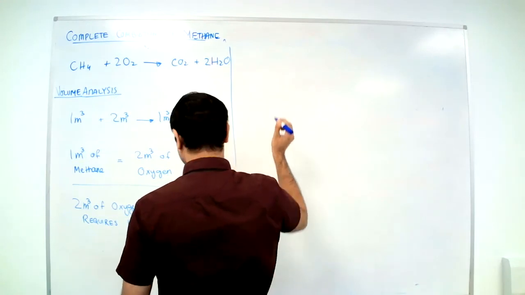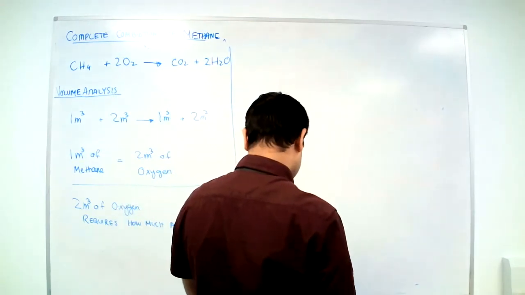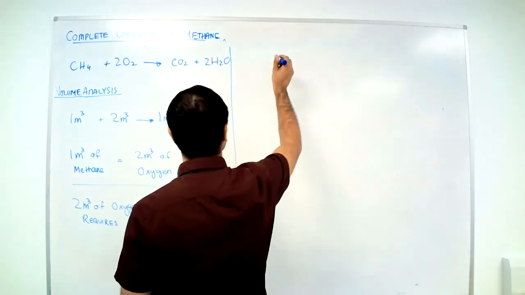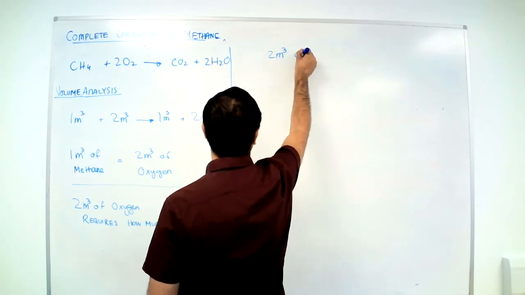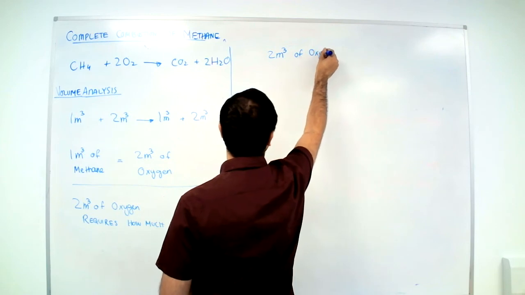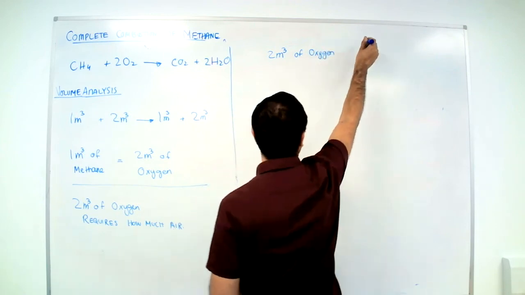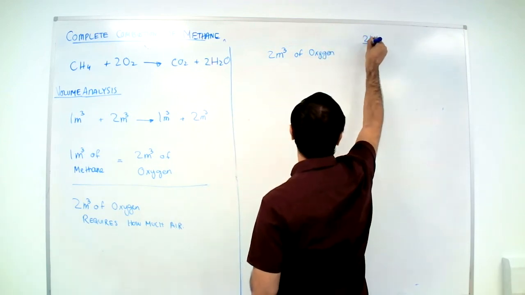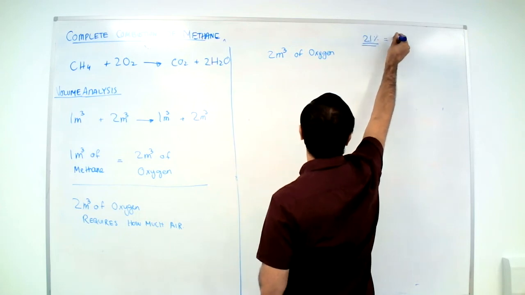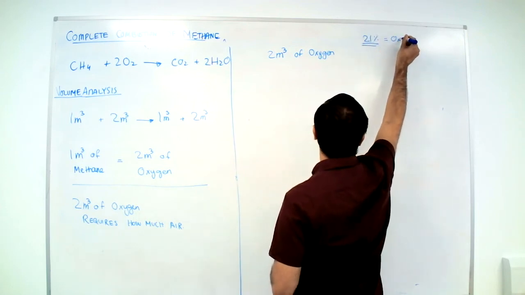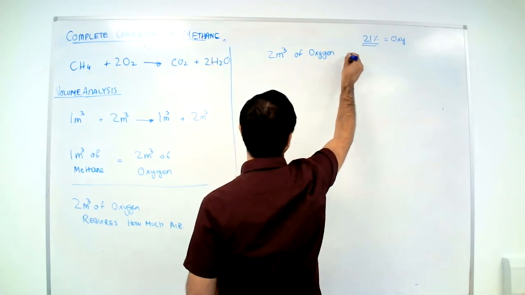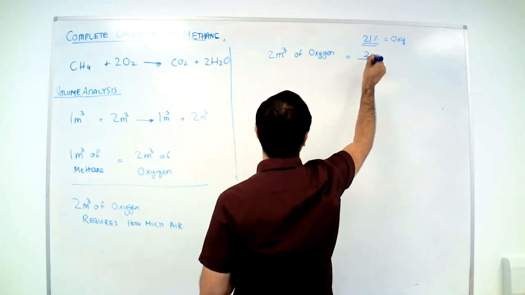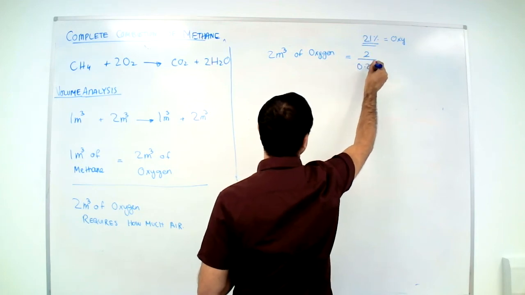Okay. Remember, we have 21% oxygen. So 2 meter cube of oxygen is present in 2 over 0.21.